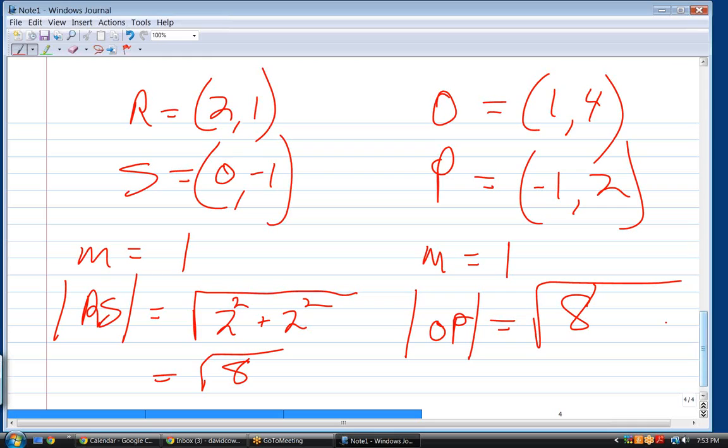This one's a little different in that neither vector started at 0, 0. But we could certainly make a vector that started at 0, 0 if I wanted. It's going to have a slope of 1. It's going to have a magnitude of square root of 8, which means that side is 2 and that side is 2. So there is a vector that is equivalent to both RS and OP.